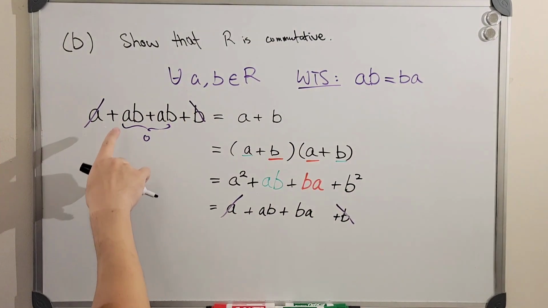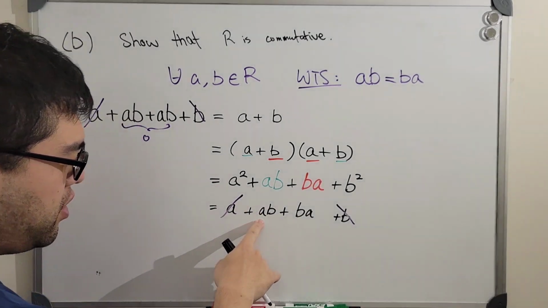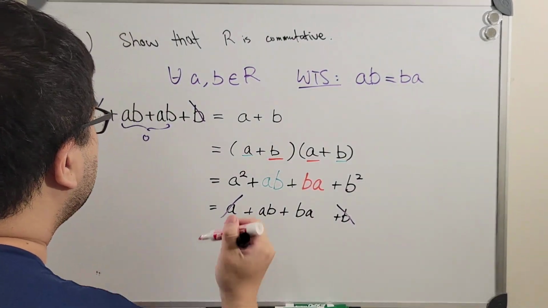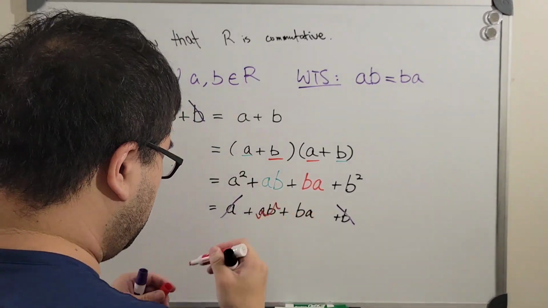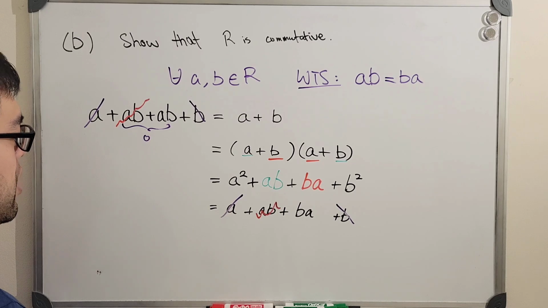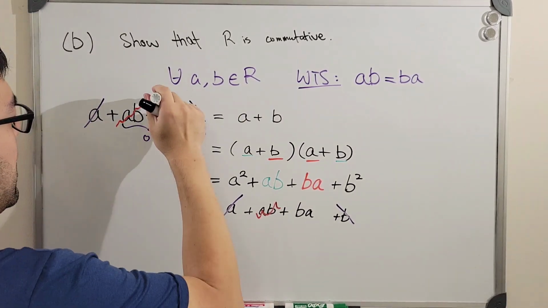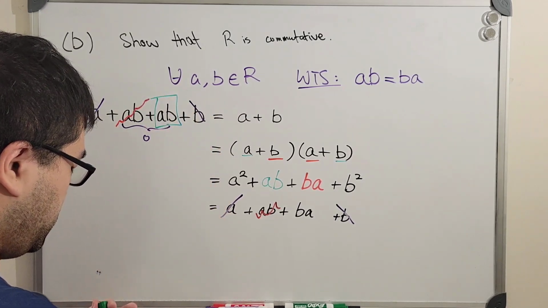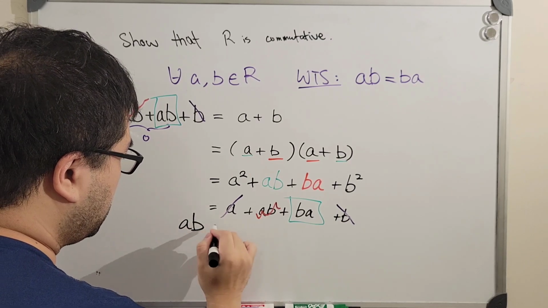And now we also have an AB term on the left-hand side of the equation and an AB term on the right-hand side. Thus, we can cross this out, such that at the end, we end up with only A times B on the left-hand side and B times A on the right-hand side of the equation.